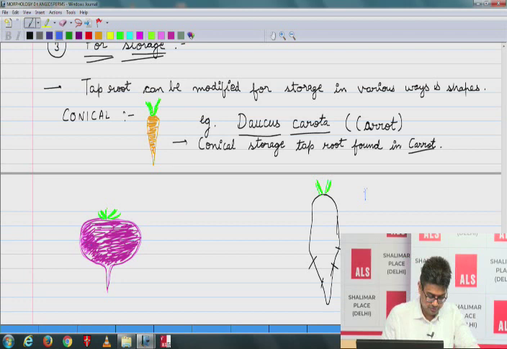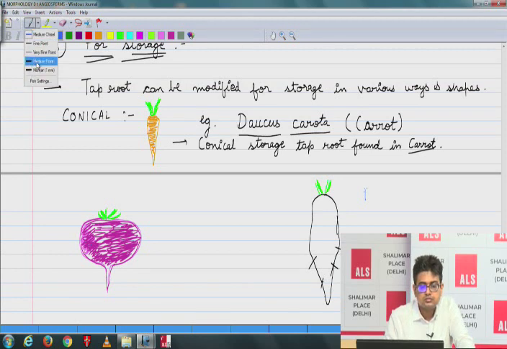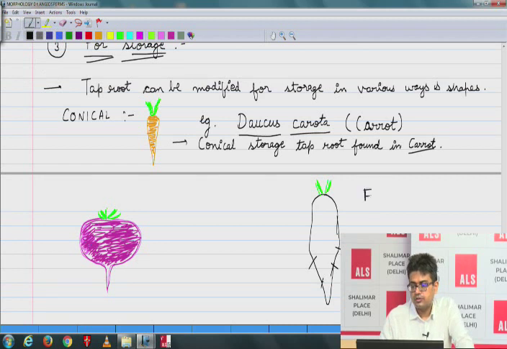Okay, so let's continue. This is the fusiform root. This is the fusiform root, fusiform storage taproot.